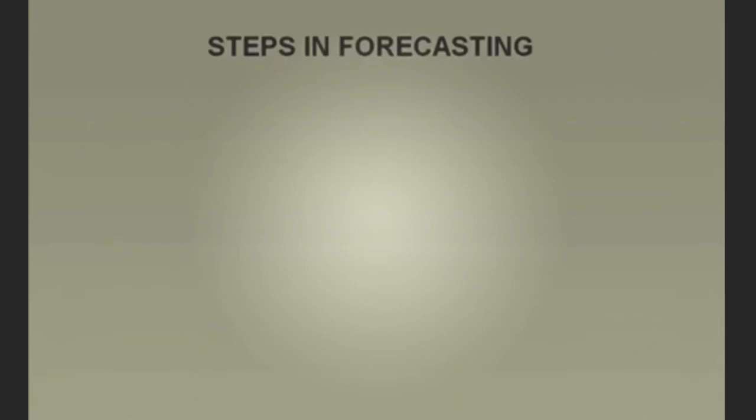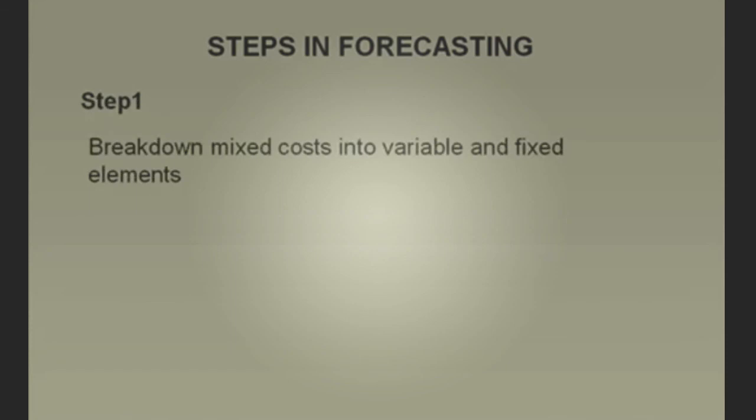The steps in forecasting are, number 1, break down mixed costs into variable and fixed elements. Let me repeat. If a cost is mixed, find out how much is variable and how much is fixed.